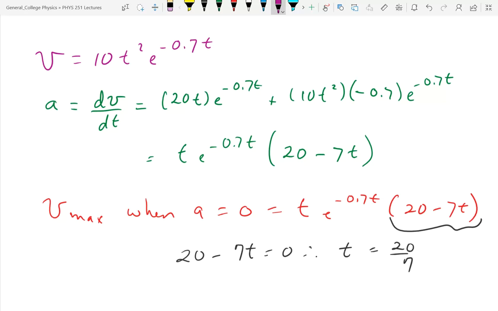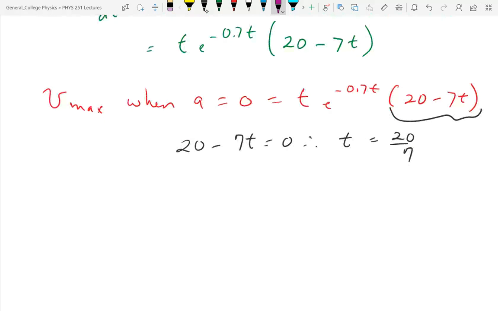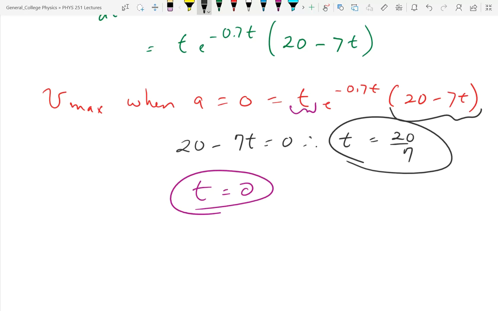T equals 0. Okay, t equals 0. If you take this one right here, acceleration will be 0 when t equals 0. And there's a third one, so what would the third one be? Which part of the equation is going to have to be the third one?